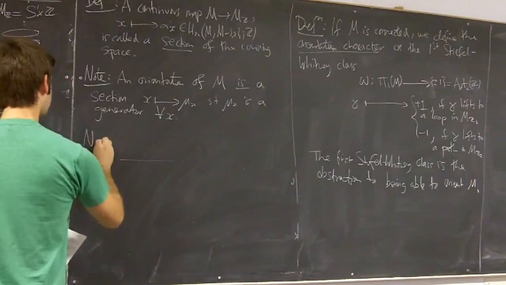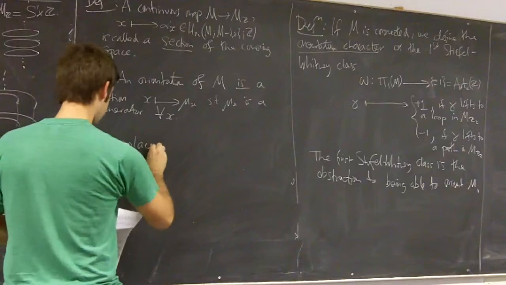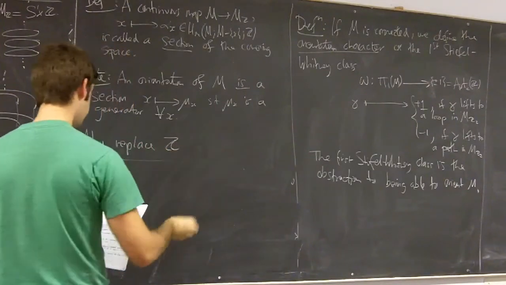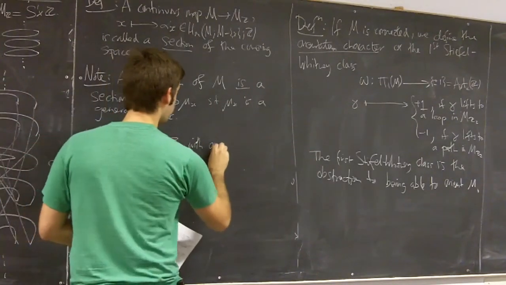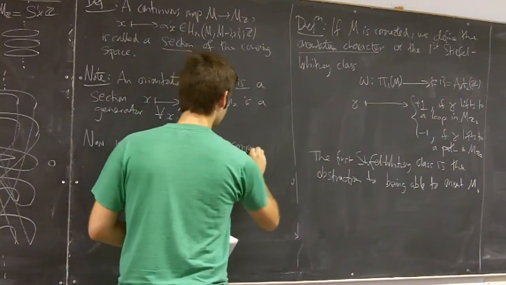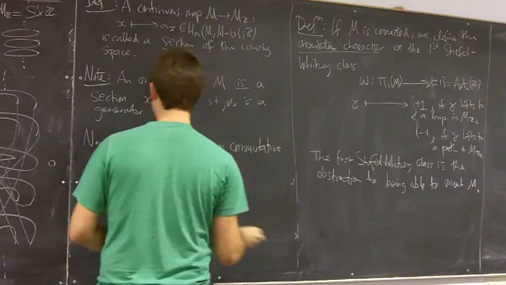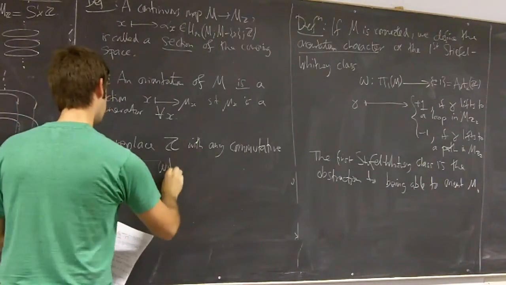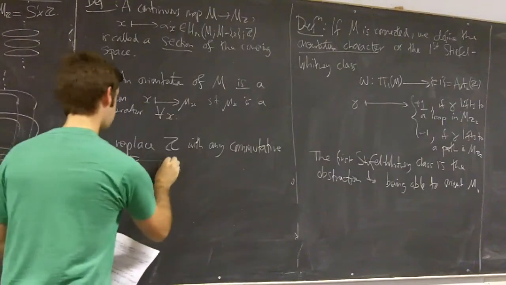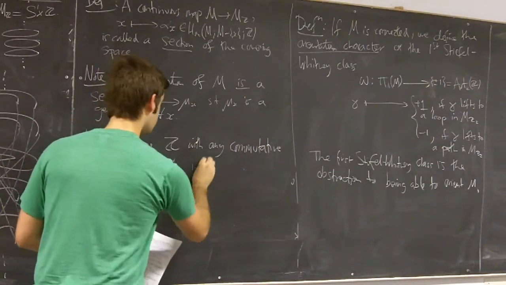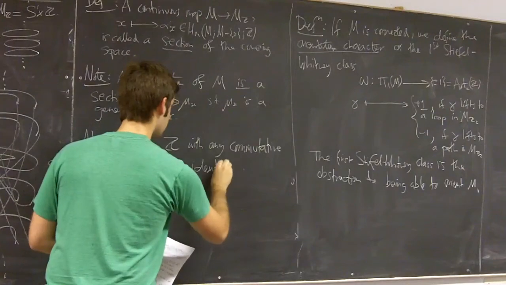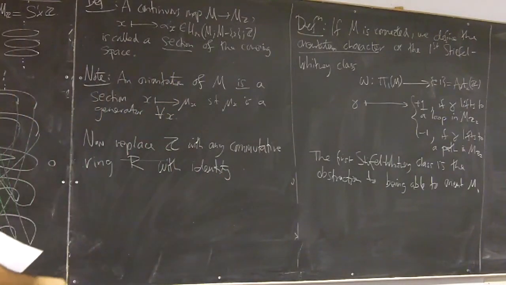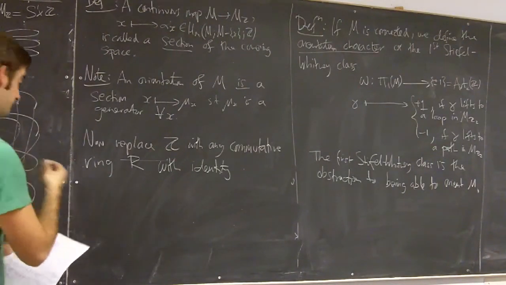So now let's replace the integers with any commutative ring R. And importantly, whenever I refer to a ring, my ring will have an identity. And we can generalize the notion of an orientation to an R orientation analogously.